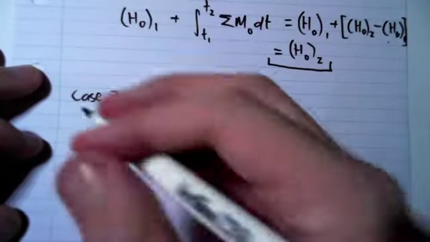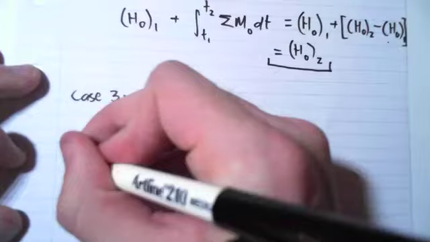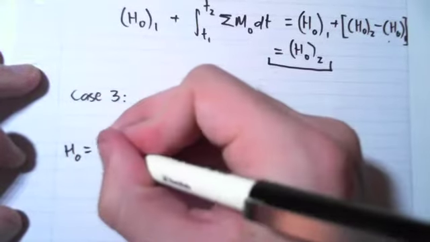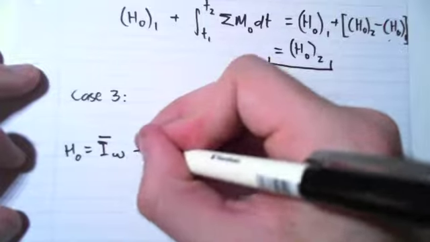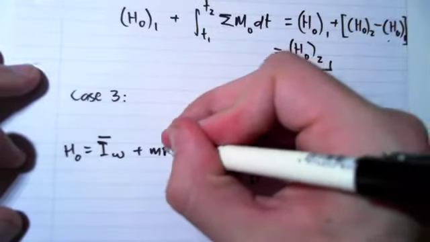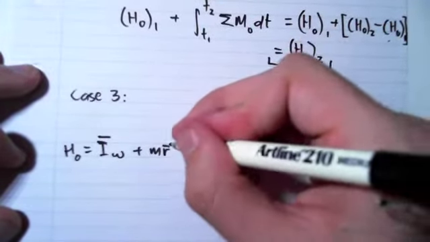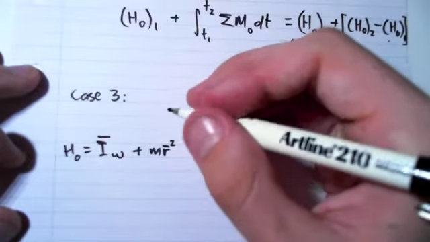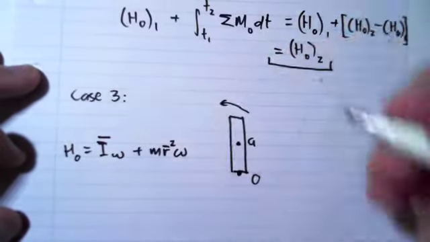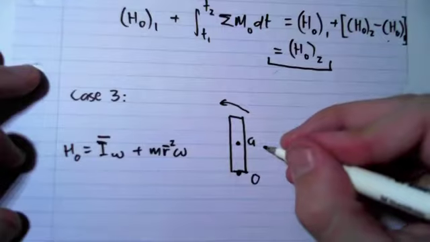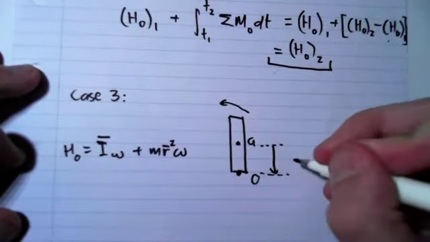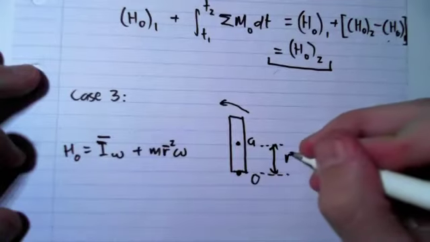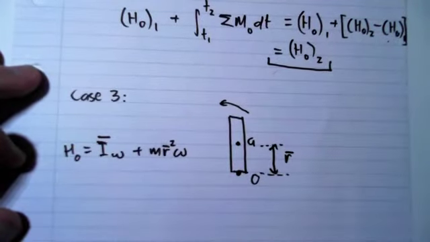So the formula we end up getting is H naught equals I bar omega plus m r bar squared omega. And the r bar is the distance in here from the origin to the center of mass.